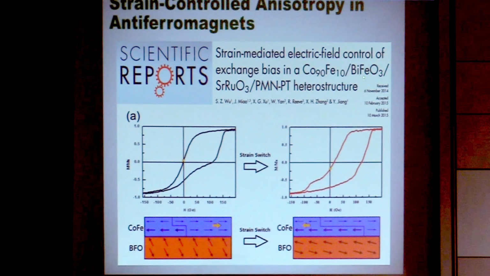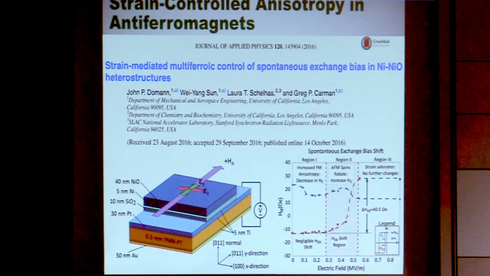For example, this BFO. If you apply strain, this work was early in 2015 from a Beijing group, Prof. Jiang Yun's group in Beijing. They also saw the change of the exchange bias. They proposed that the spin axis of BFO is modulated by the strain from PMN-PT. The other one is from Greg Carman's group at UCLA.